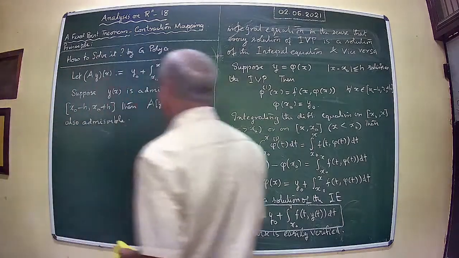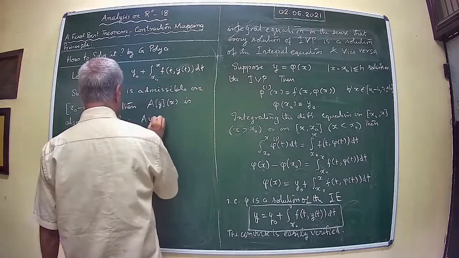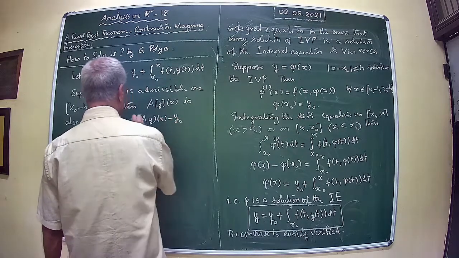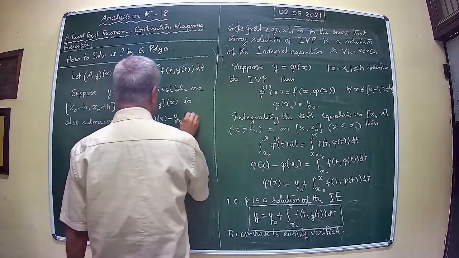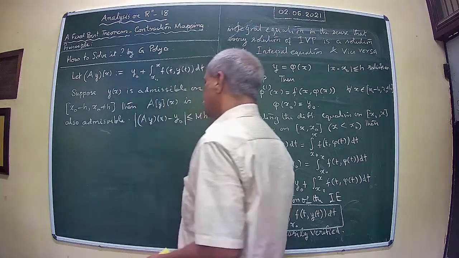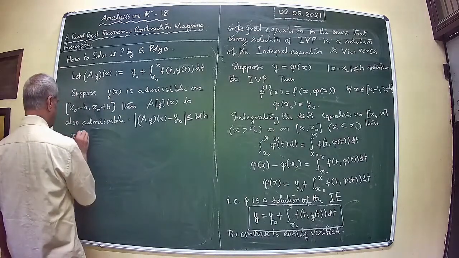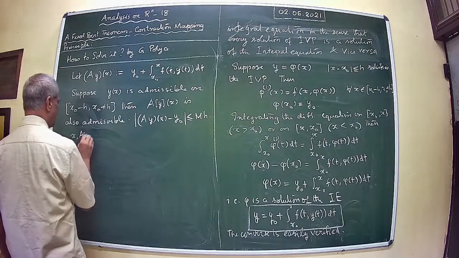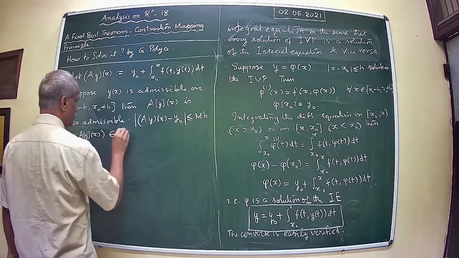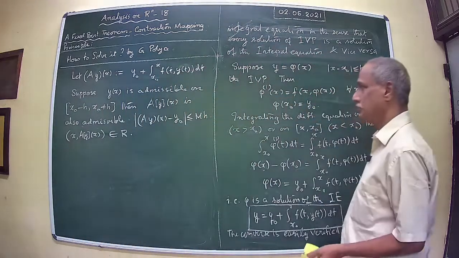This is quite easy to prove, because all that you need to prove is this. You want to estimate this, and this is less than or equal to M times mod x minus x naught, which is at most M h, so that the graph stays within R. That is why it is admissible.